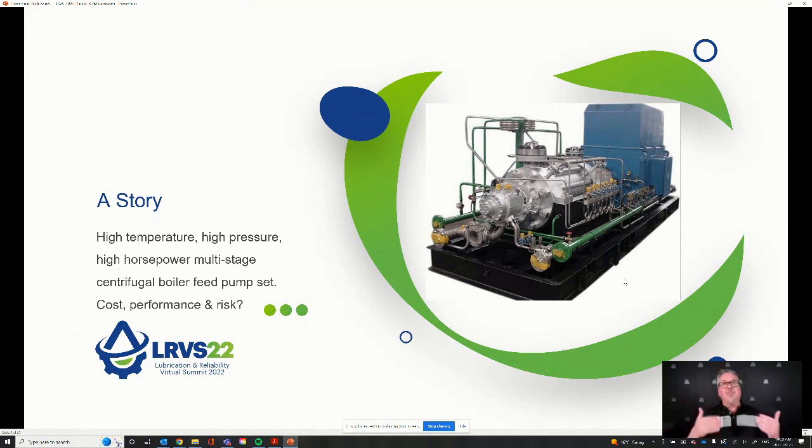And it was interesting because everybody was pretty comfortable with what they decided they should apply to manage this boiler feed pump. And I had to remind them, but wait a minute, you picked this asset for a maintenance strategy review because we weren't happy with its performance and we weren't happy with its cost. So that kind of made us think.